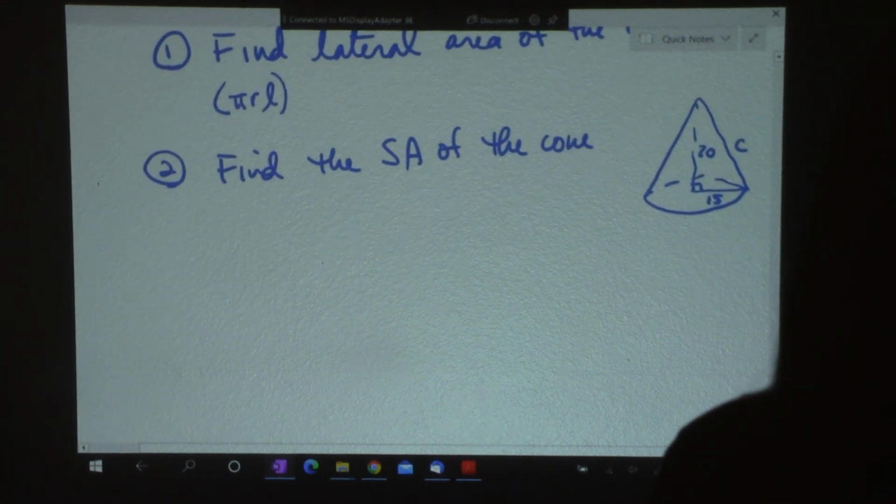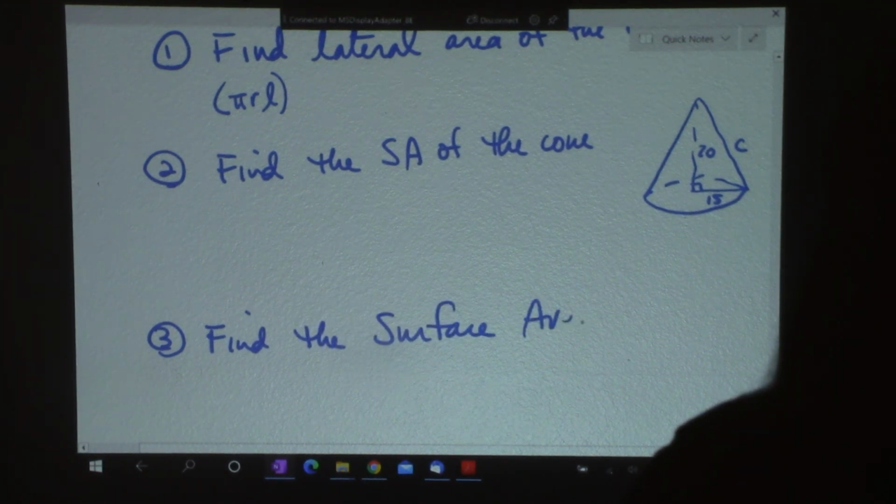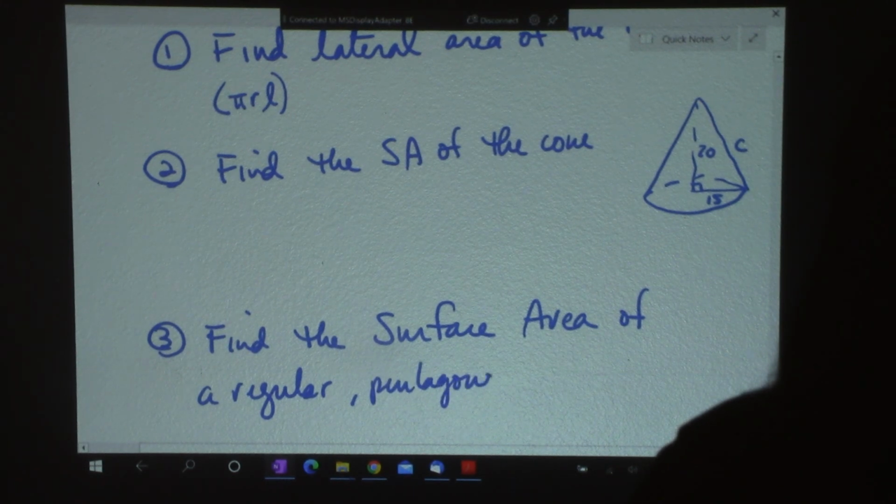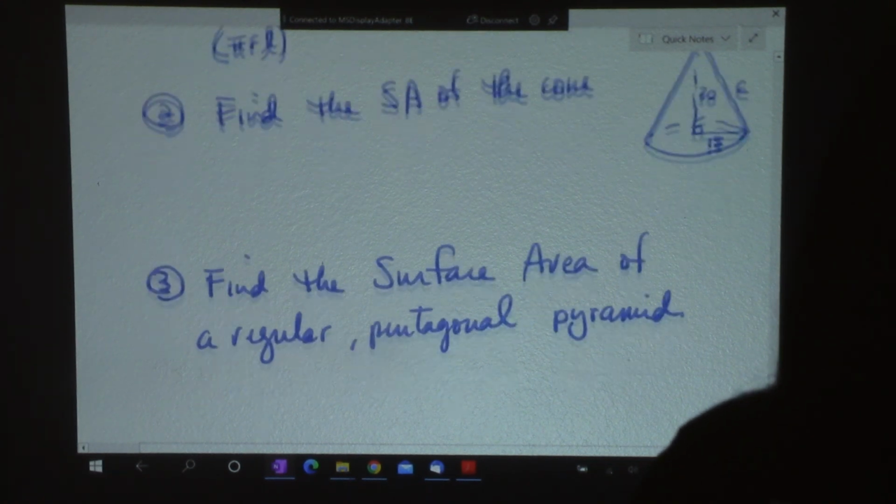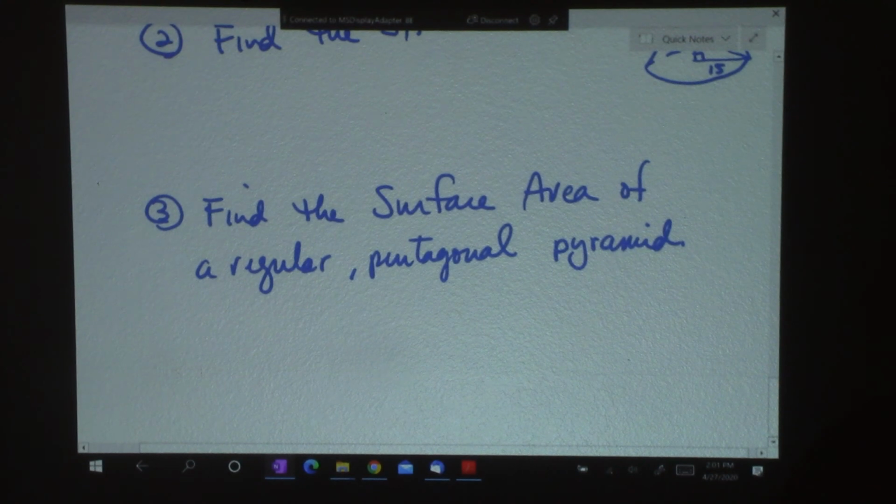And number 3 is going to be find the surface area of a regular, which is very important, pentagonal pyramid. Okay, and let's see, here's our picture.